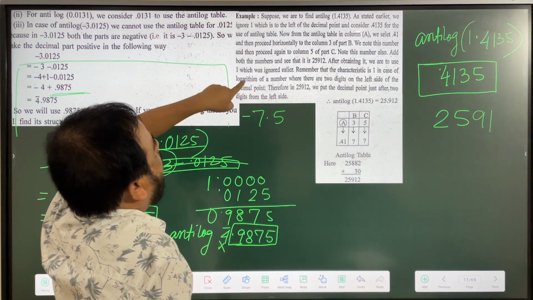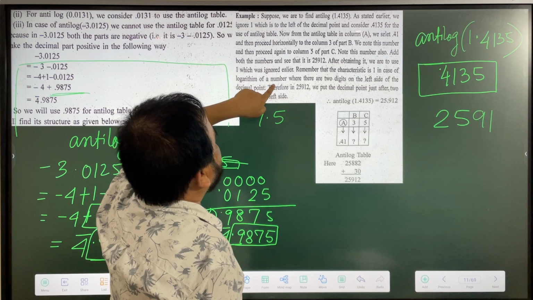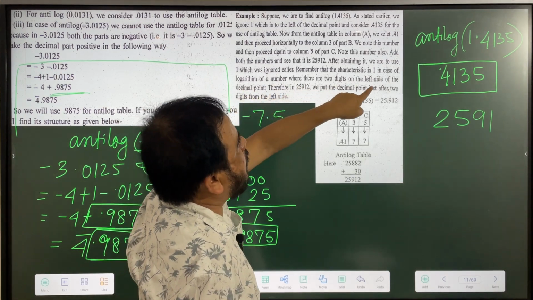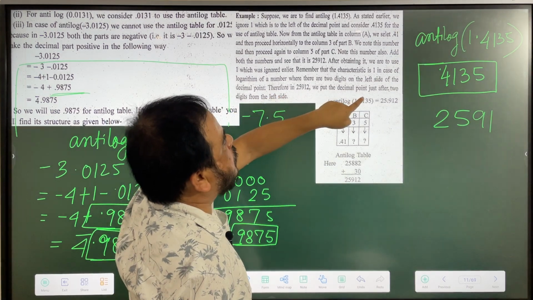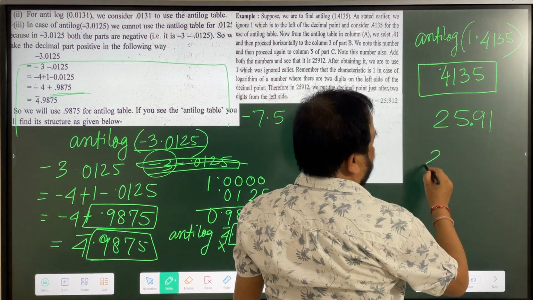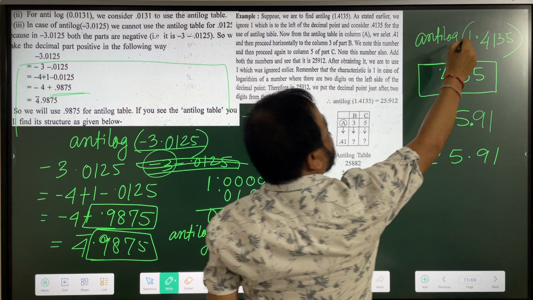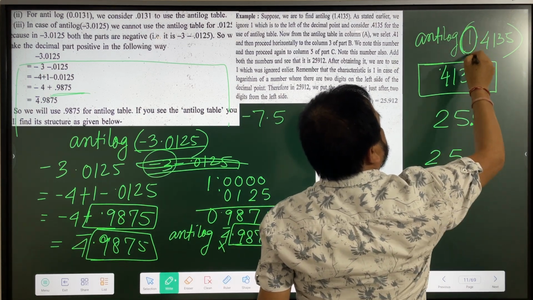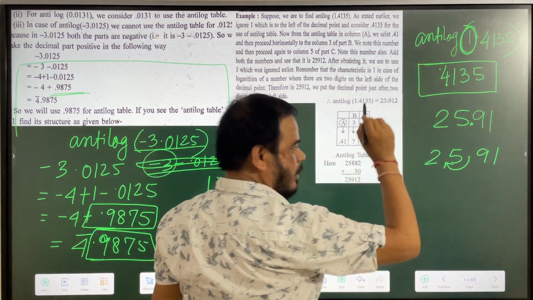Look here. You remember that the characteristic is 1 in case of the logarithm of a number where there are 2 digits in the left side of the decimal point. Therefore in 2591 we put the decimal point just after 2 digits. Here the point will be here: 25.91. What was the characteristic? 1. That means 1 digit comes here.